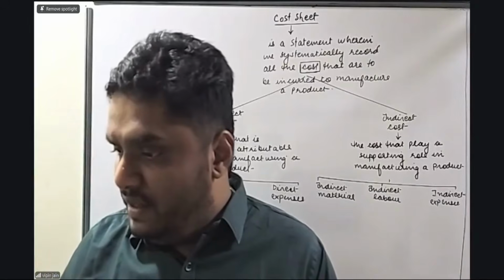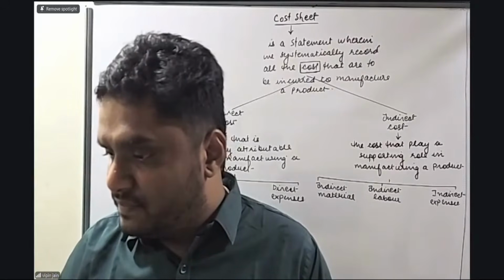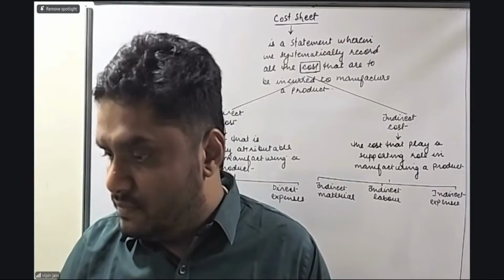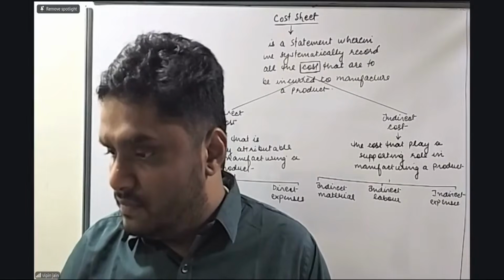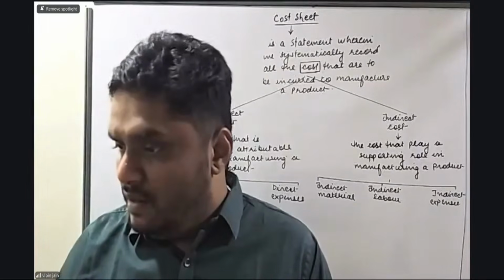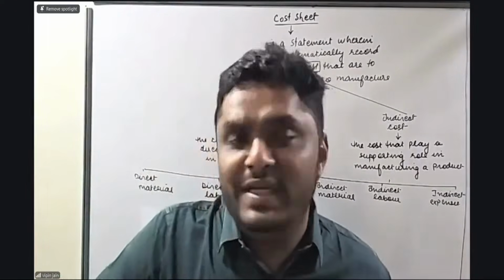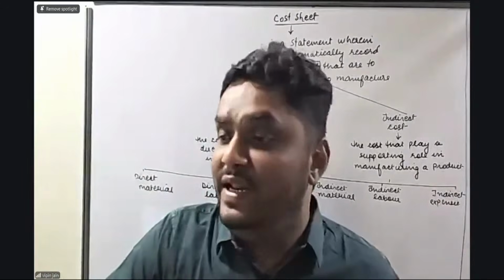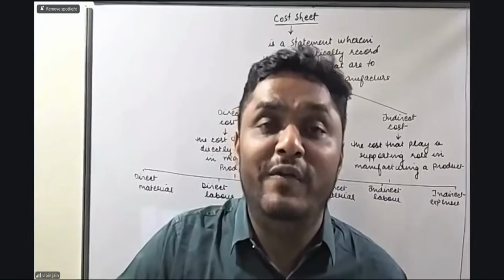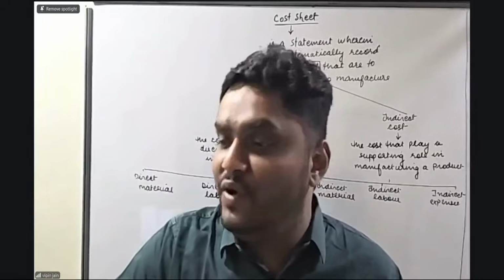No, dear Mithila, it's incorrect. Whosoever are posting the answer, just give the examples of direct and indirect labor. The point is how to differentiate what is direct labor and what is indirect labor.